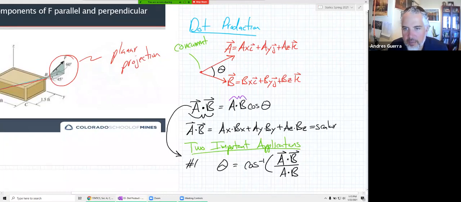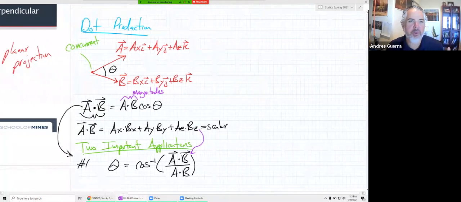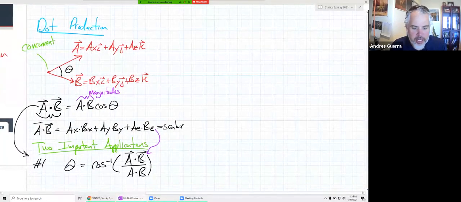These A and B are magnitudes, and so we know it's not the dot product, this is multiplying those two together. And then the A dotted with B, that's actually the scalar that we get right here. That's the numerator in that equation. So there's our first one. Actually, that one is pretty straightforward. We're probably not going to see that one that much for us.